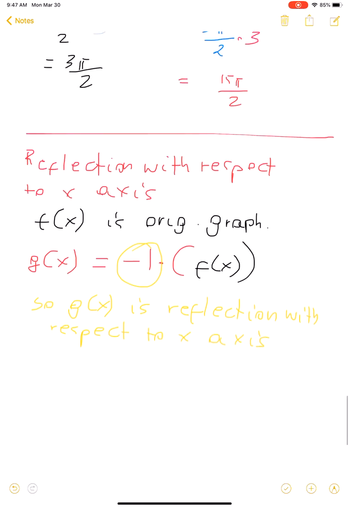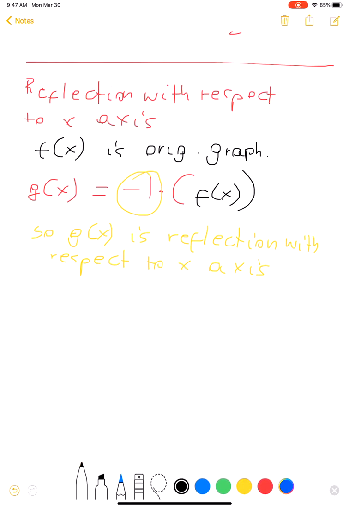So how that's going to look like, going back to the example, let's say your original graph f of x, I'm not giving you the function, but let's say it has points 1, 2 and 3, 5.